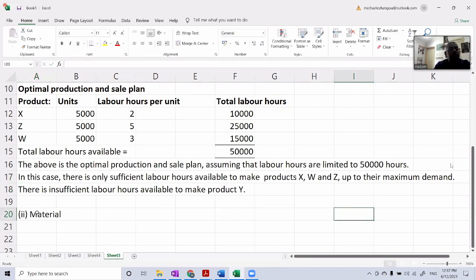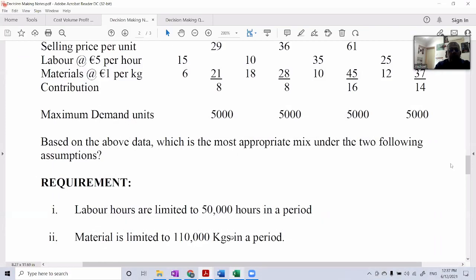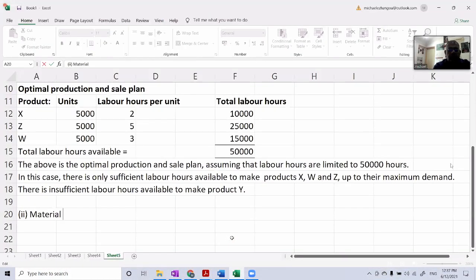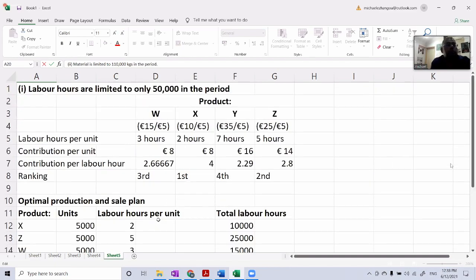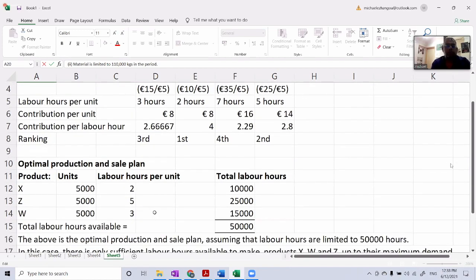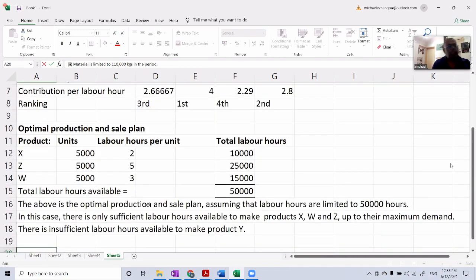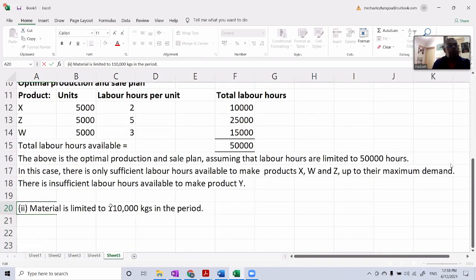Now, next, material is limited to 110,000 kilograms in the period. Right. So now we have to work out.